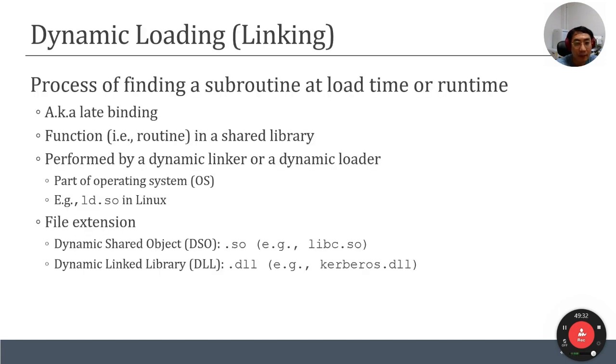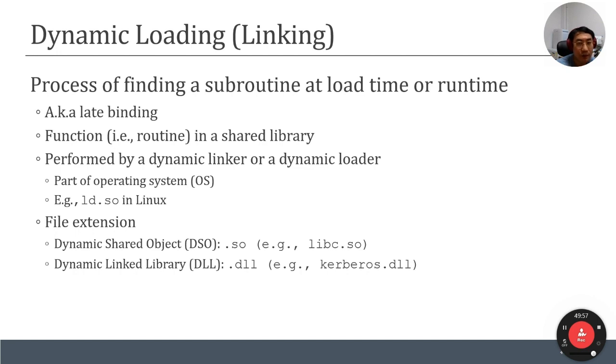And finally, dynamic loading. Dynamic loading is also known as dynamic linking, so dynamic loading is equivalent to dynamic linking. It's a process of finding a subroutine at load time or runtime, because you cannot find the function that should be borrowed at compilation time.